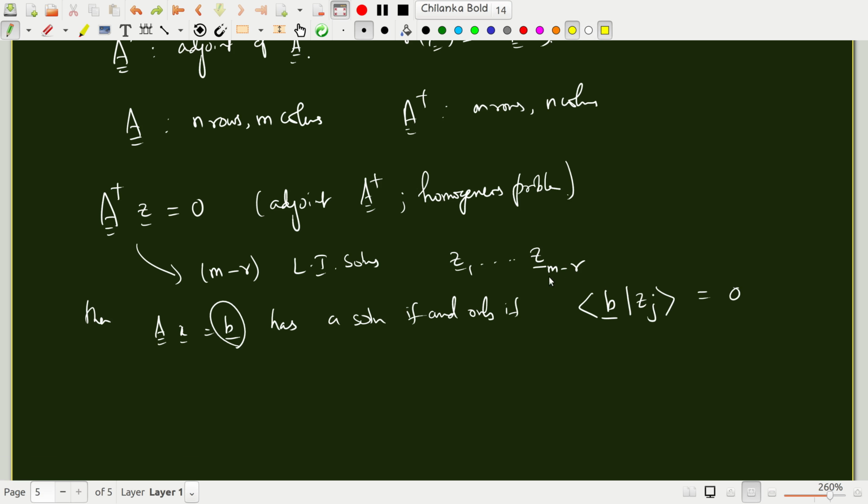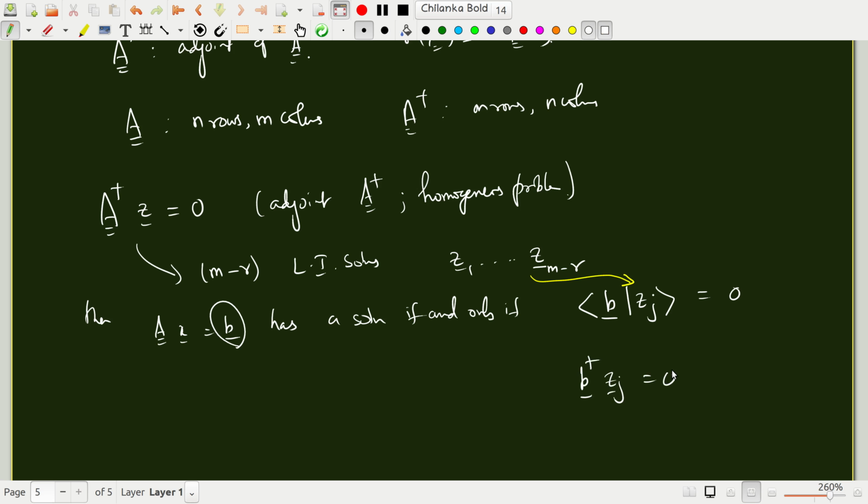So this will put a constraint, or in matrix notation, the inner product of B and Zj has to be 0.